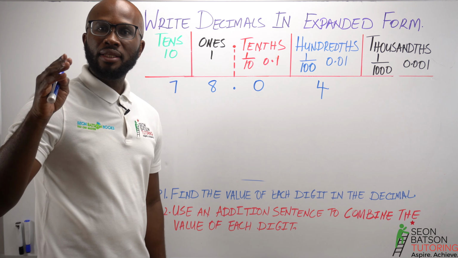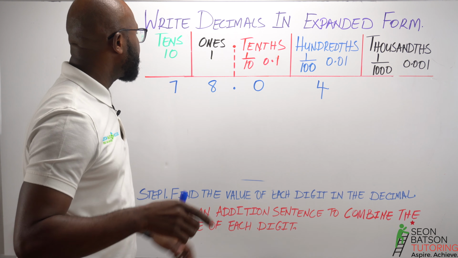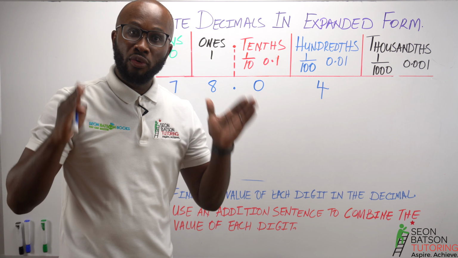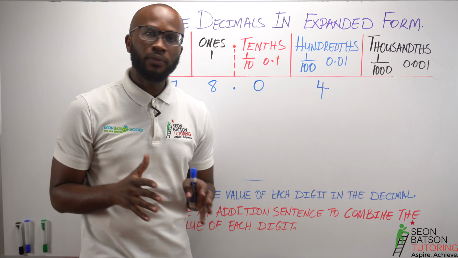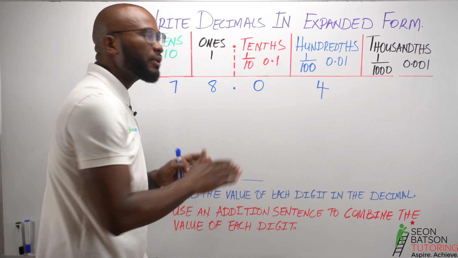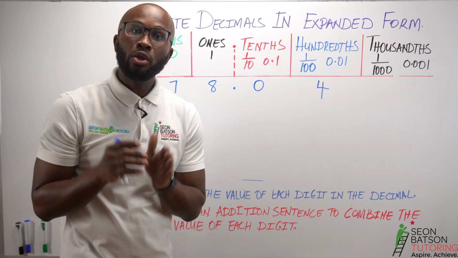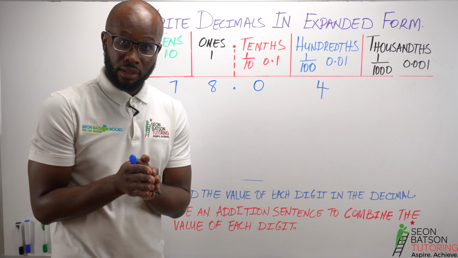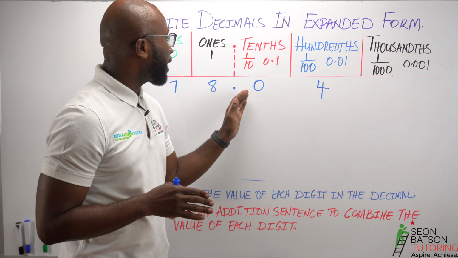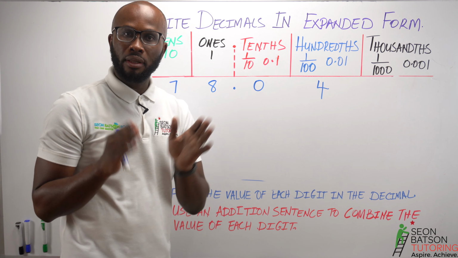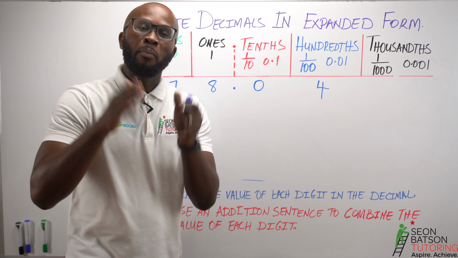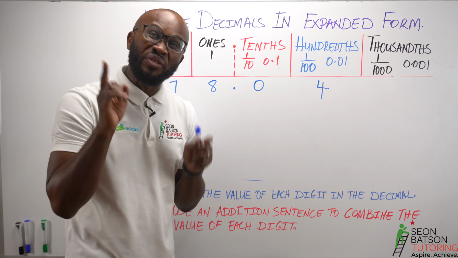Right? Now it is your turn to shine. So this is what I want you guys to do for me. Yes? I want you to pause the video, write this decimal in expanded form. We're going to use decimals. Yes? No fractions. So once you get behind the decimal point, you will multiply by the decimals in the specific places. Yes? Pause the video, give it a try if you need to.